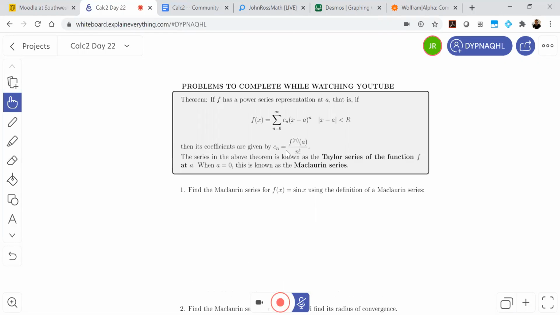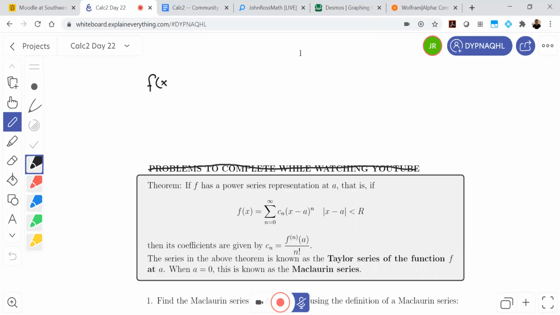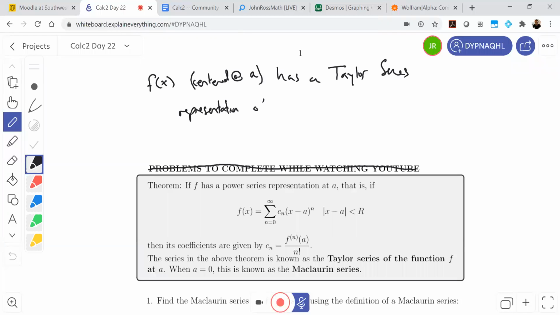So a Taylor series is going to be, I'll write it up here. A Taylor series for a function f of x, centered at a point a, has a Taylor series representation of, and now it's just going to be the same formula that we used for our Taylor polynomial.